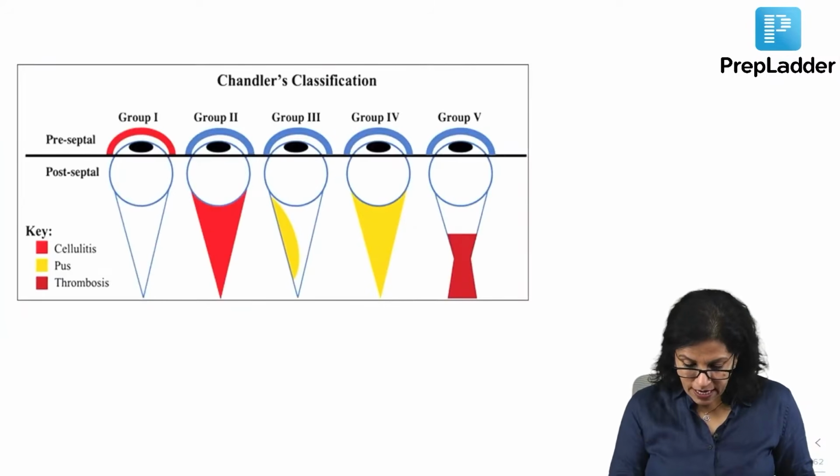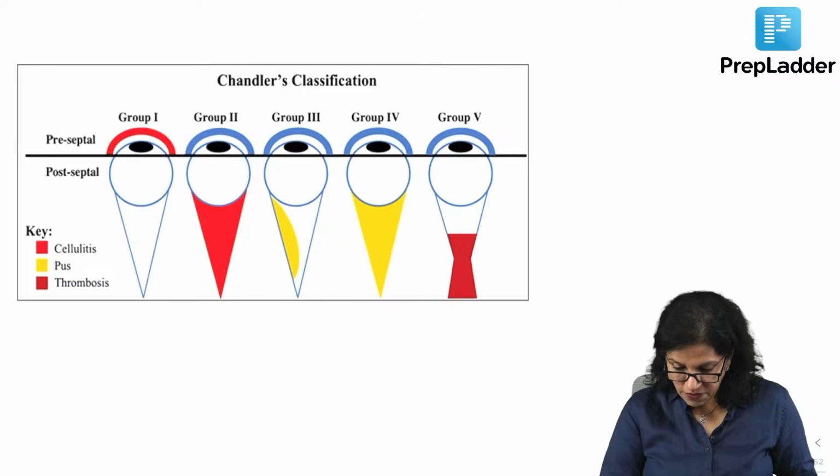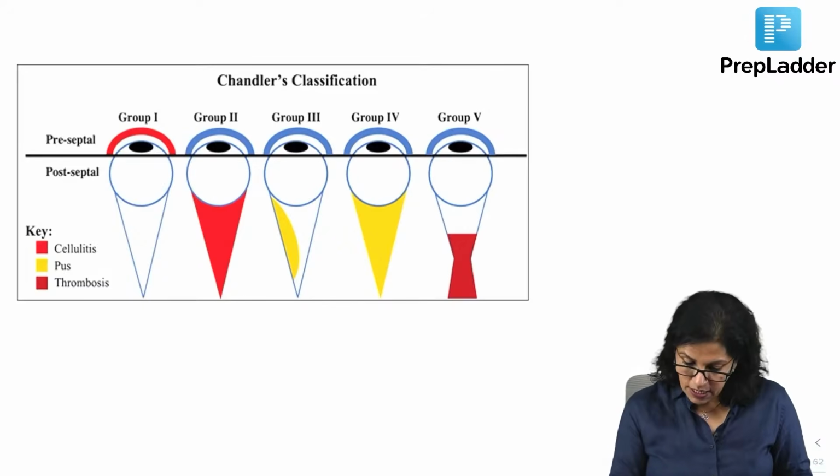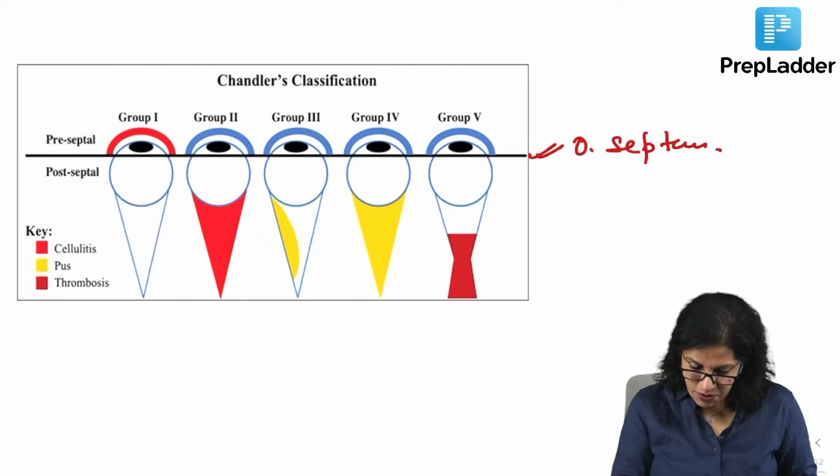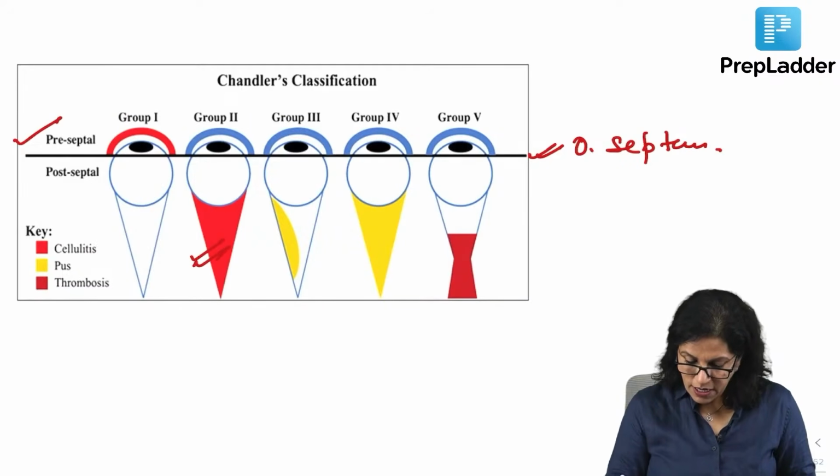So see, this is very nicely depicted. I found it very useful for Chandler's classification. So if this line is your orbital septum, isn't it? So what do you see? Anything in front is preseptal. Anything behind, the red part, becomes your orbital cellulitis. This is the cellulitis. Now what is happening?